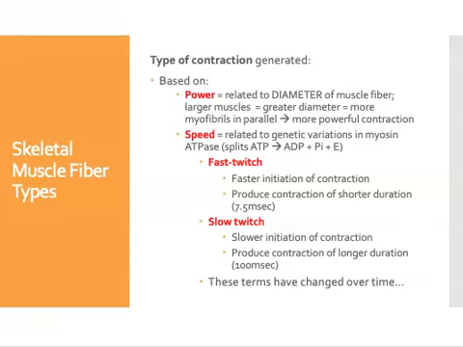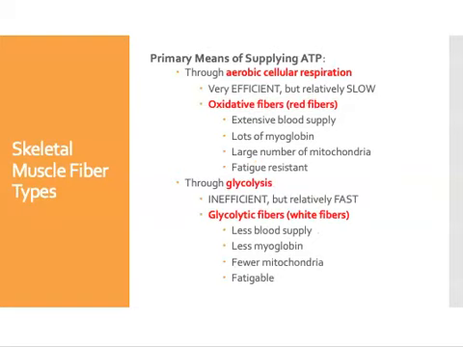But now we've added some additional differences to the types of muscle fibers that we see. And again, that relates to where the ATP is coming from that powers the myosin in the sarcomeres. So some muscle fibers get their ATP for muscle contraction primarily through aerobic cellular respiration. That makes sense, right?